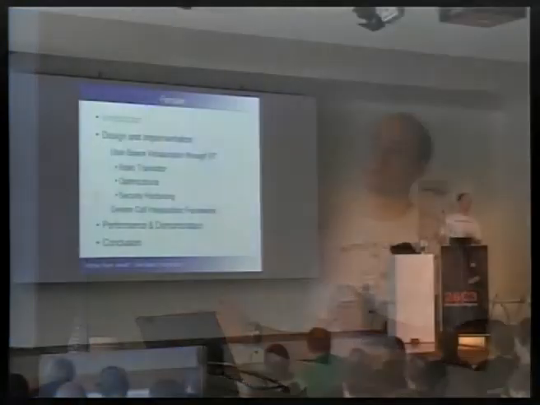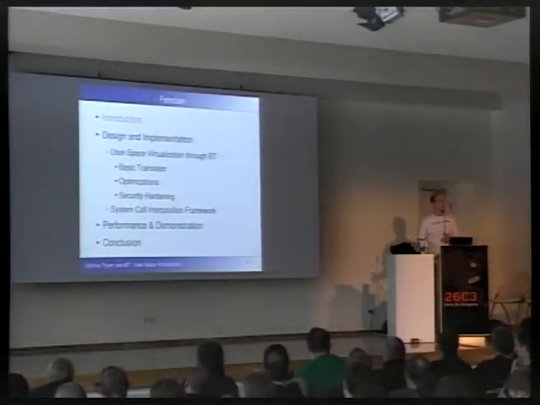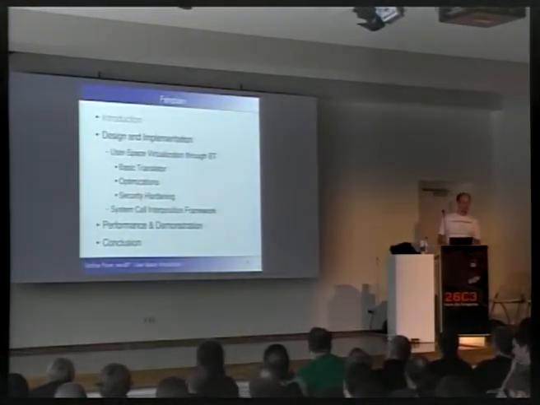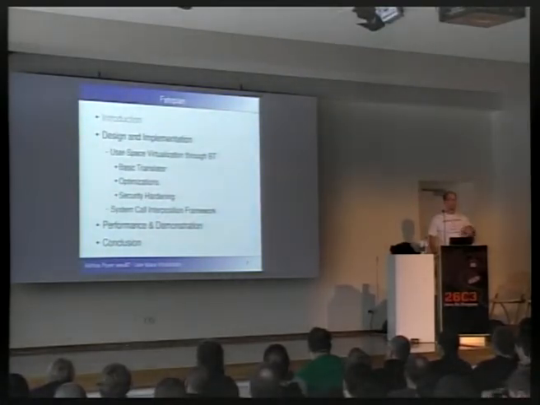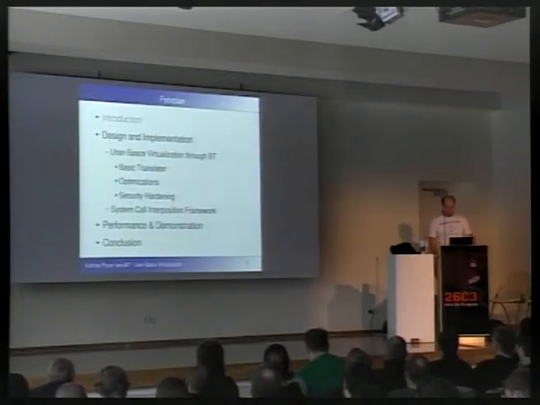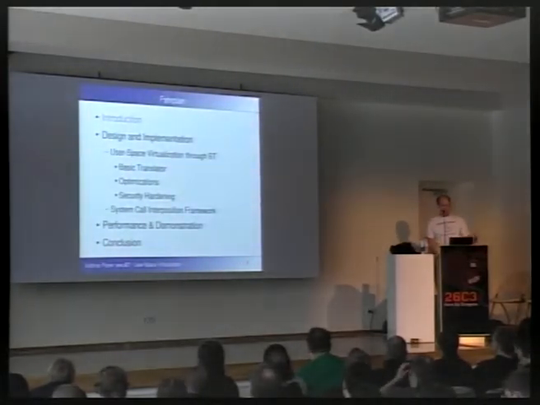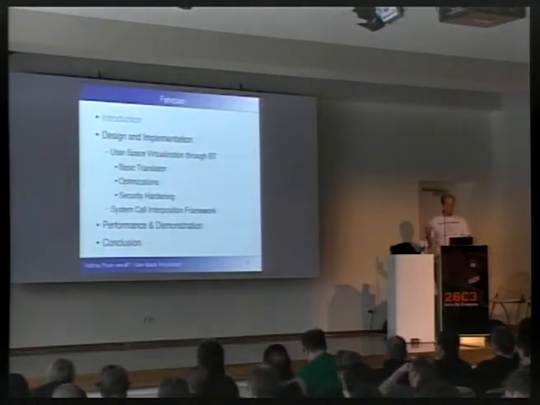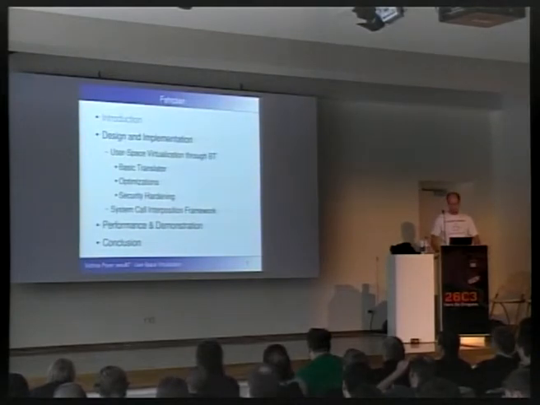Then I will discuss some specific optimizations to make it fast and competitive. After that, we will discuss some specific security hardening features that are needed so that the program cannot break out of the virtualization layer. And then we will go into detail about the system call interposition framework. And in the end, I will show you performance numbers, the demonstration, and conclude.